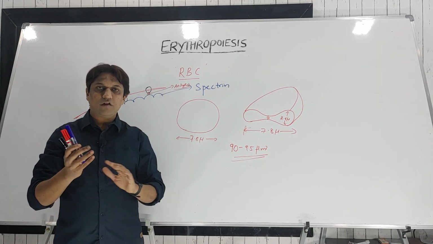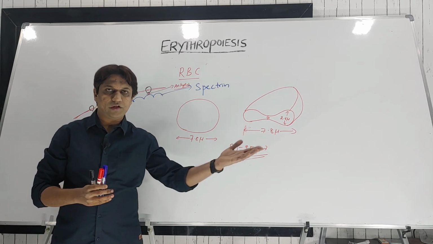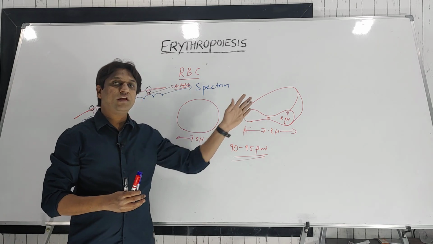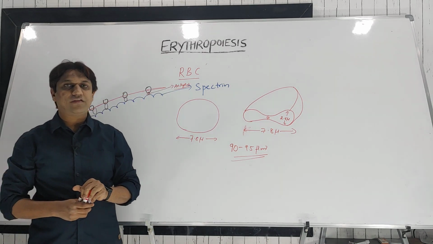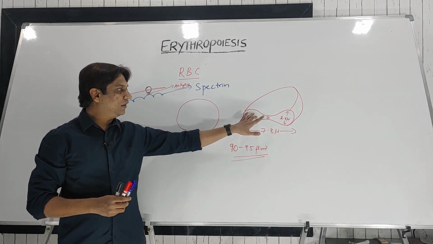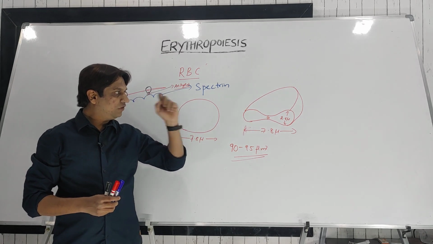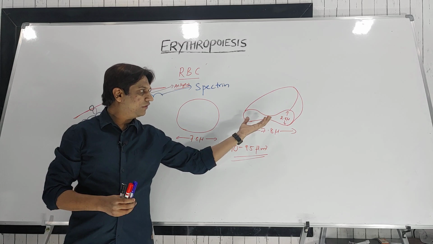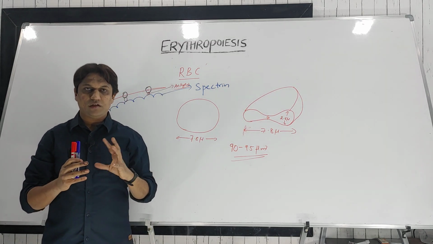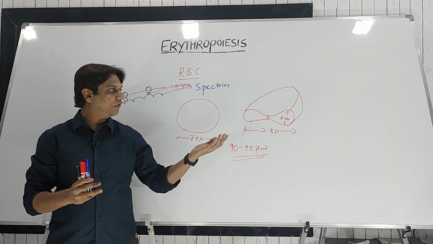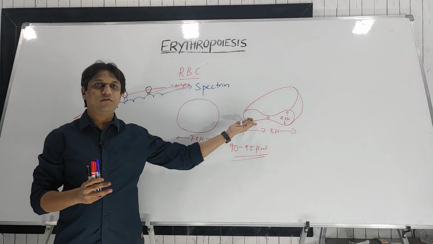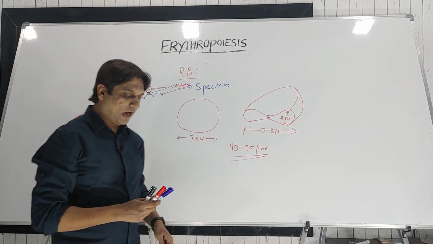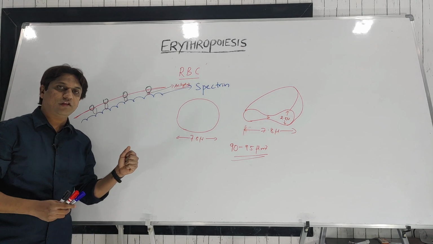For the diffusion of gases from the RBC to the tissues and again from the tissues to the RBCs, this greater surface area helps, so that will be a bit easy. Thirdly, because of this larger surface area, the RBC can withstand certain osmotic pressure, that is its membrane won't burst if it is kept in a hypotonic solution. So because of this larger surface area, the biconcave shape has certain advantages.